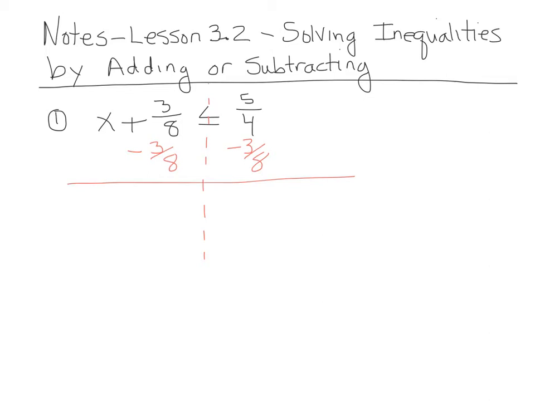Alright? So on this side, a positive 3/8 take away 3/8, that turns into 0. 3/8 take away 3/8 is 0, so you just have your x is less than or equal to. Now on this side, in order to subtract fractions, I need a common denominator.